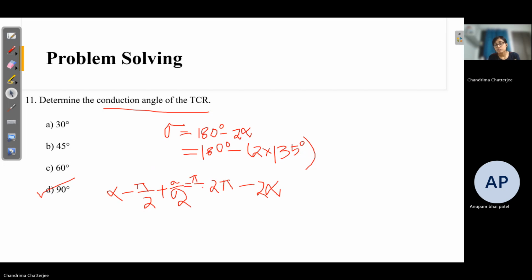But anyway, this is the standard one, 180 degree minus 2 alpha. So the correct option is 90 degree.